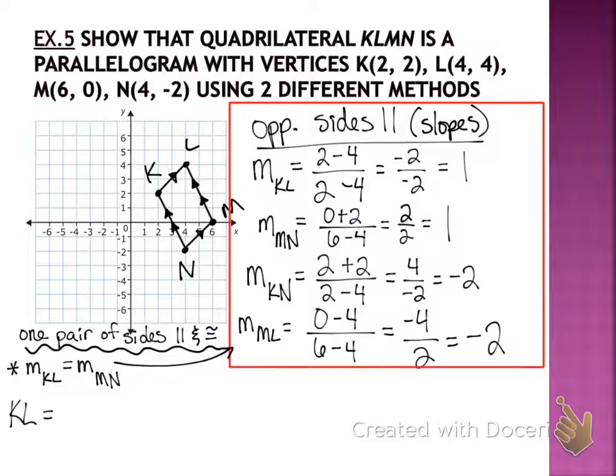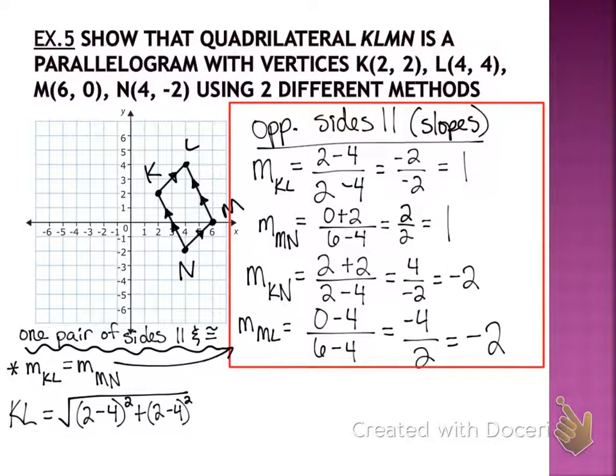Let's start with KL. Remember, distance formula is the one with the really long square root. So underneath that radical, what are we doing? So x minus x, so we could do 2 minus 4 squared plus 2 minus 4 also squared.